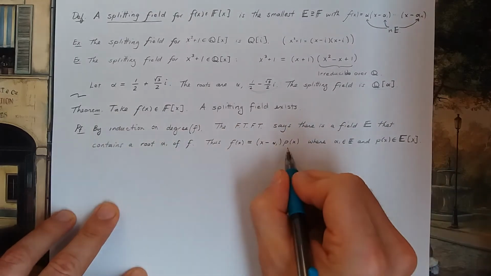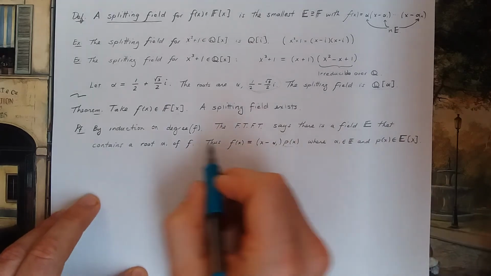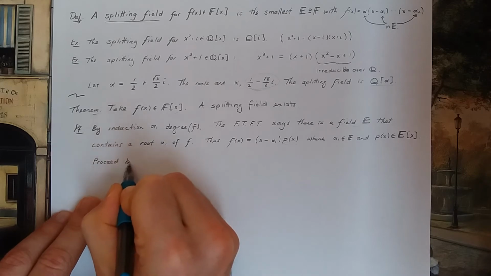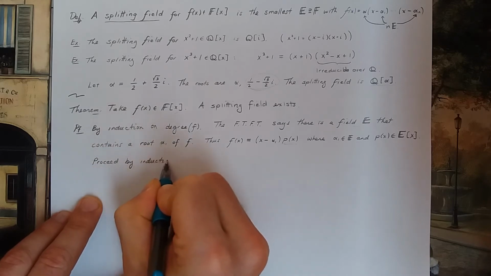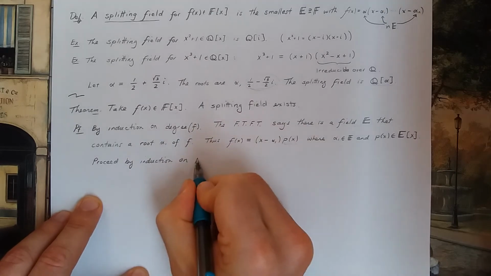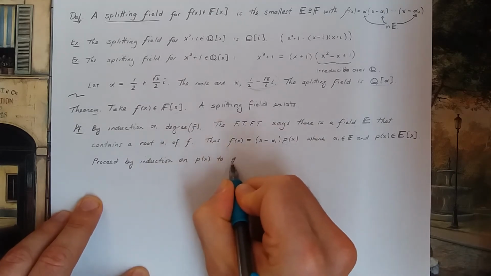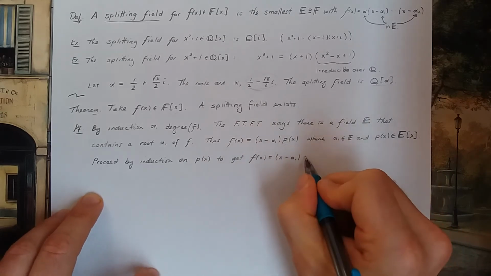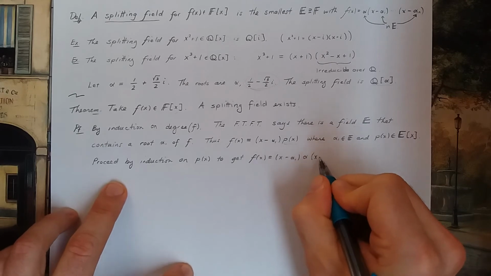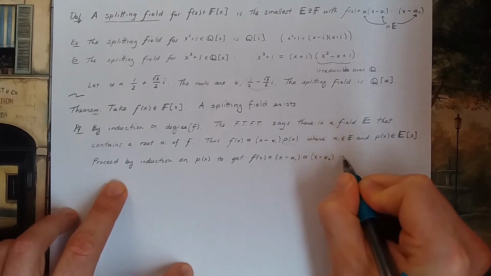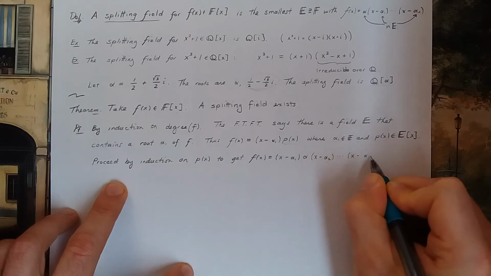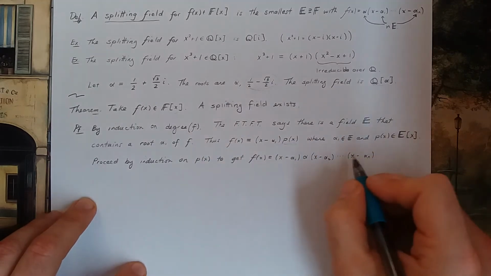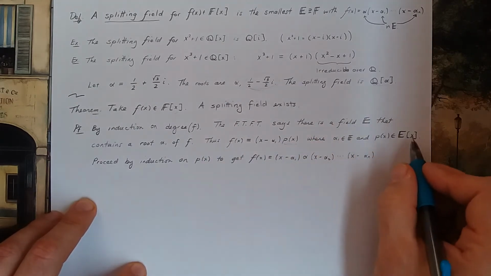Okay, well, the degree of p is less than that of f, so we proceed by induction on this p of x to get f of x is x minus alpha 1, and then p of x I can write as alpha times x minus some other alpha 2, and so on, times x minus alpha n, for some field extension E2.